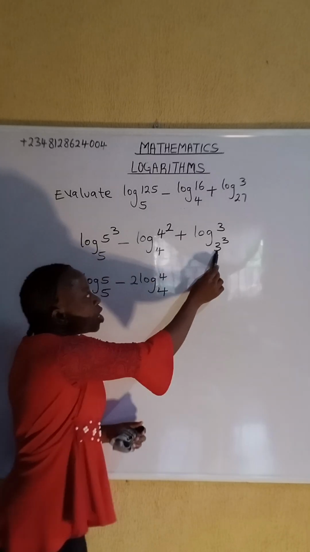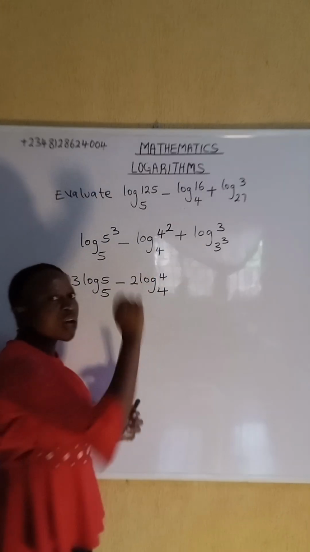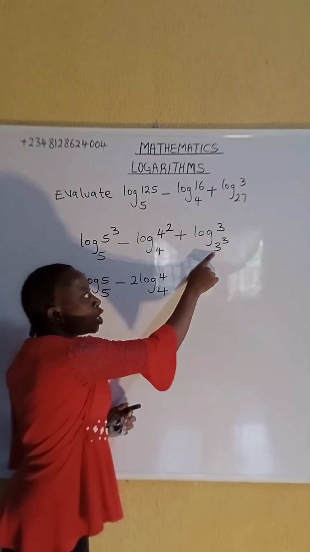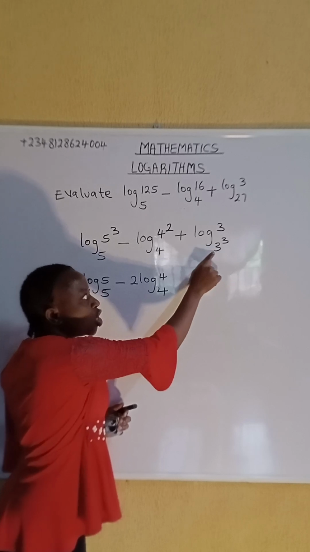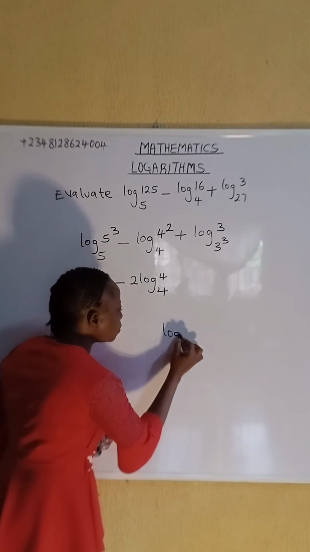Now you can see that this one is different from what we have here. It is still power law, but we call this one base power law because the power is under the base. Now let's look at base power law.